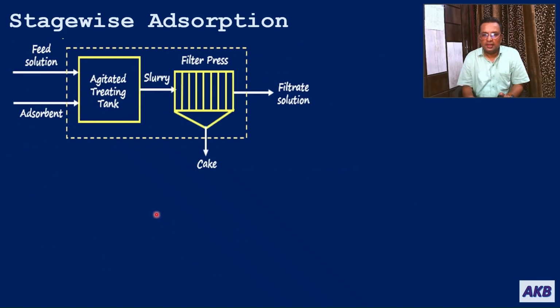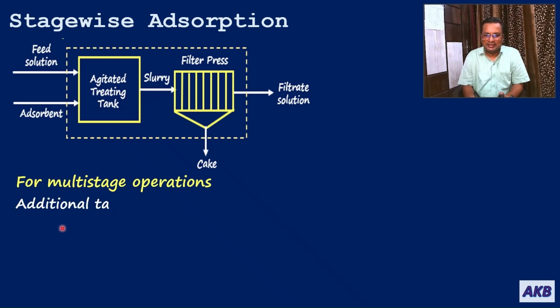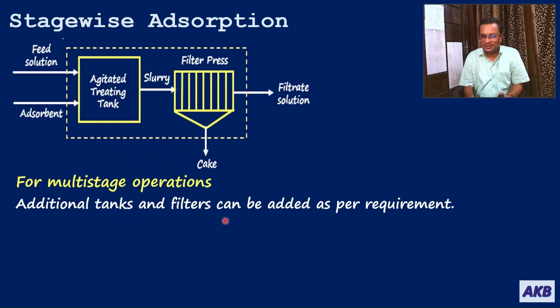Let us move on. For multiple stages, you can have more combinations like this. Additional tanks and filters can be added as per requirement, so this combination can be repeated to have multiple stages.